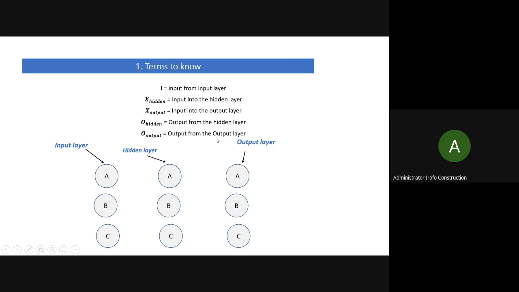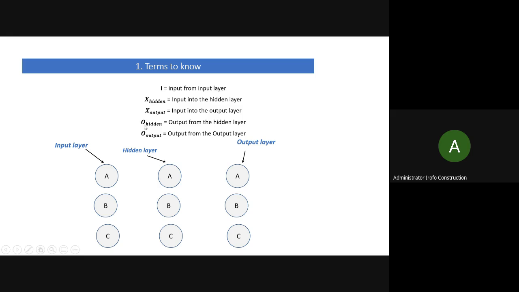We will be dealing with our input layer, our hidden layer, and our output layer. Anything X means it's an input, and the subscript tells you which layer it is. So X with subscript hidden means the input of the hidden layer, and X with subscript output means the input of the output layer. Anything like O is about output.